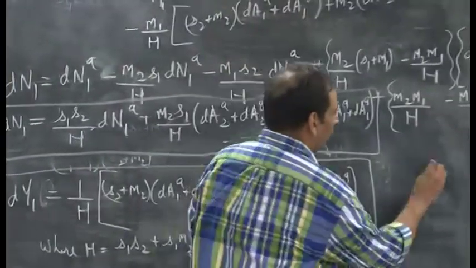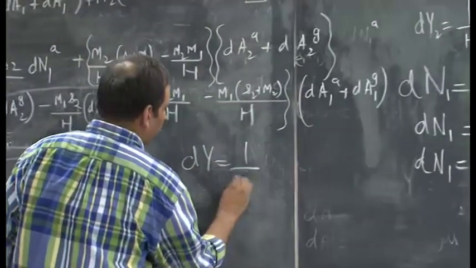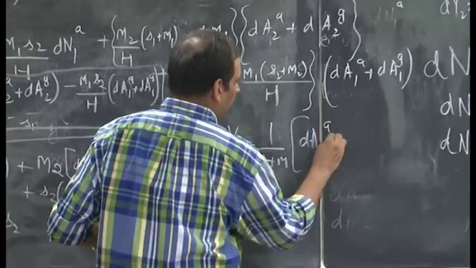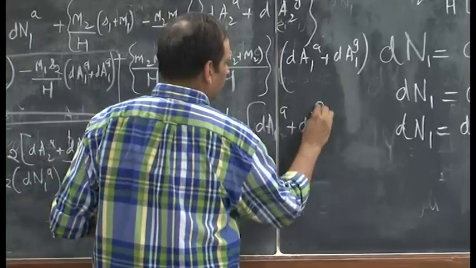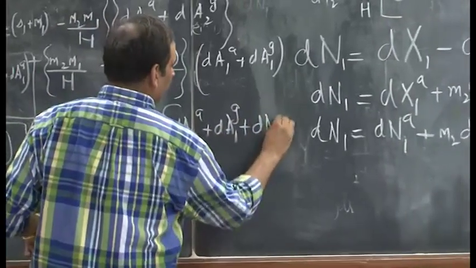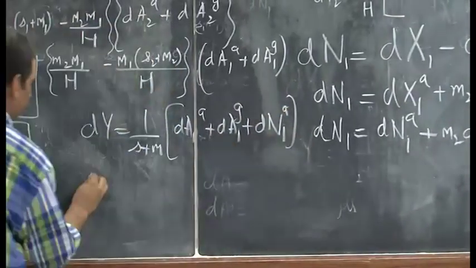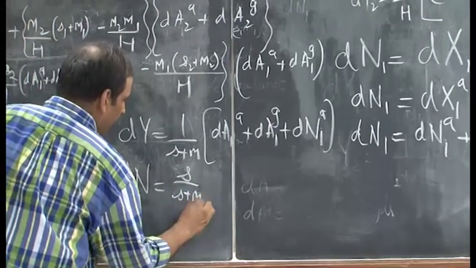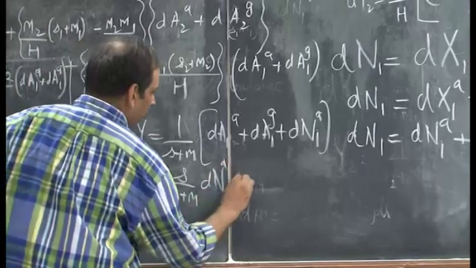Please recall the two equations, which were 1 upon S plus M times dA1A plus dA1G plus dN1A, and dN to be equal to S upon S plus M dNA minus.